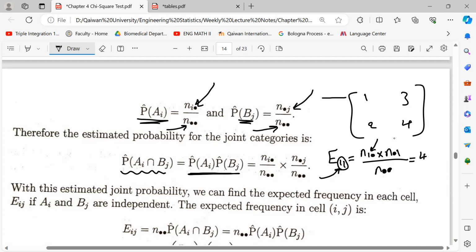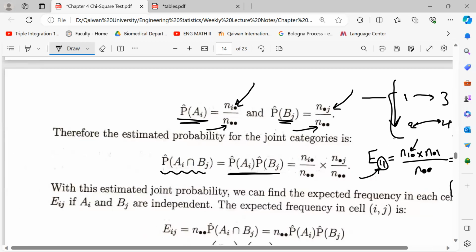This equals 4 times n dot 1, the sum of elements in the first column, which is 3. Dividing by the total number of elements: 1 plus 3 is 4, plus 2 is 6, plus 4 is 10. So this is 12 over 10, which is 1.2. Now, the expected frequency for E11 is 1.2.